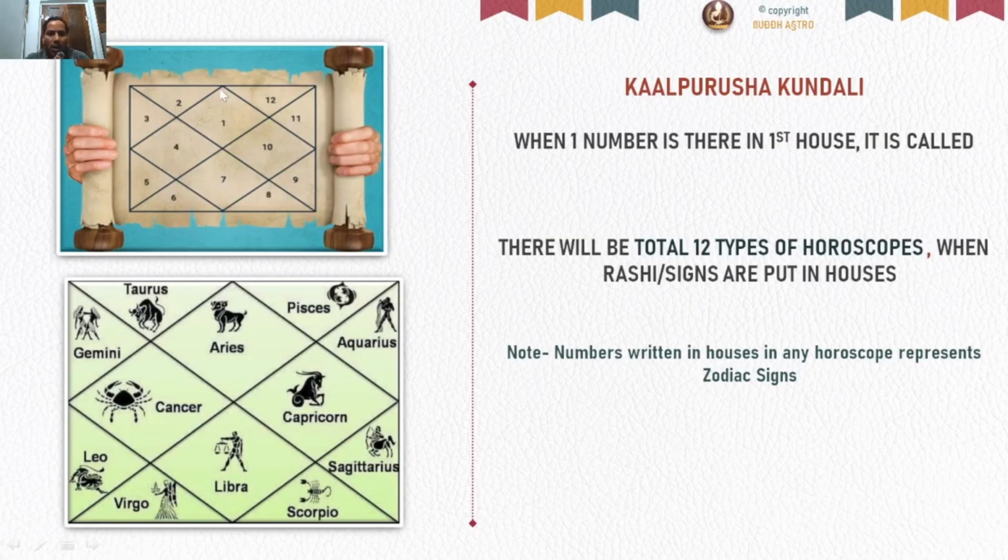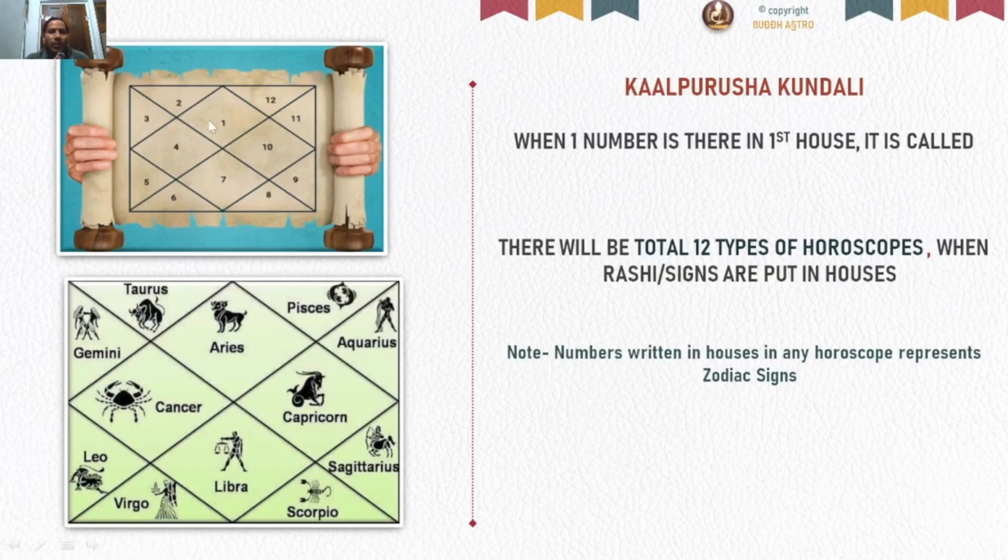It means the first house will have the Mesha sign or Aries sign, the first sign. That is why one is written. So houses are not written in the numerical format. They are fixed. This one here shows the sign of Aries. It means the first house has the number one, and one means Aries sign.